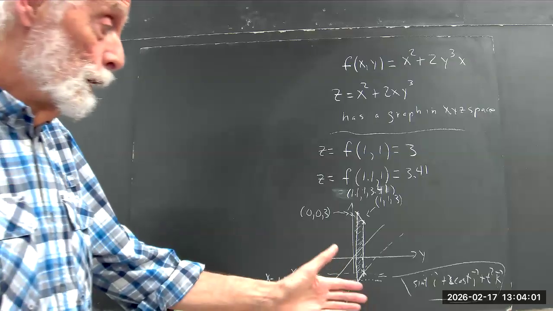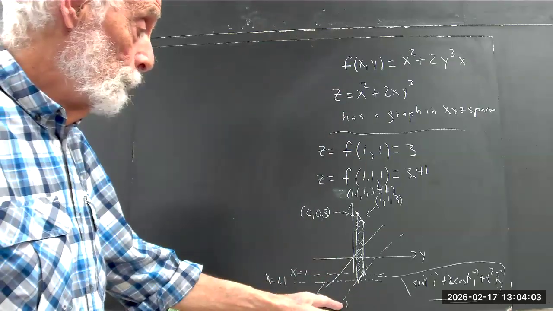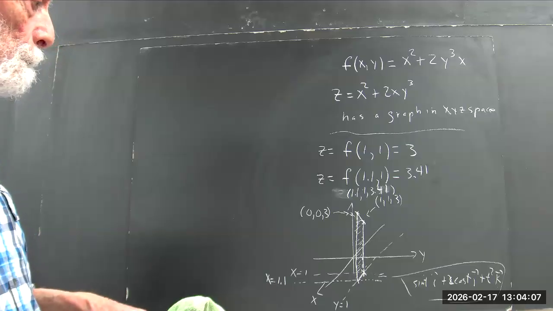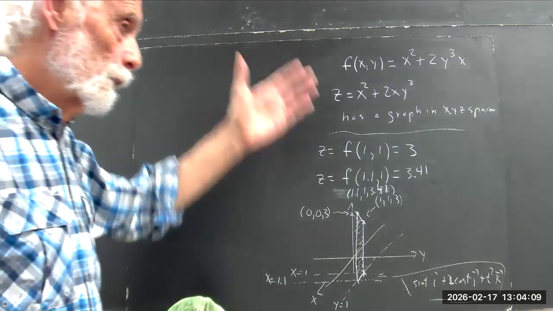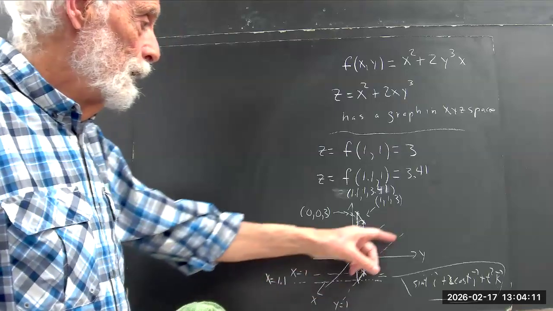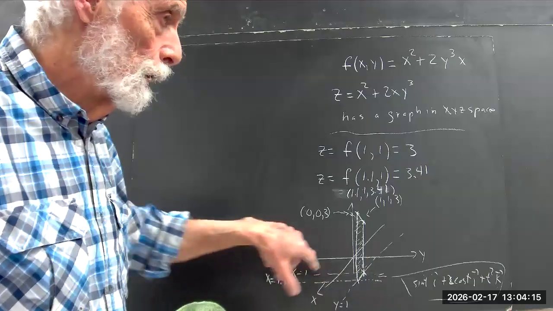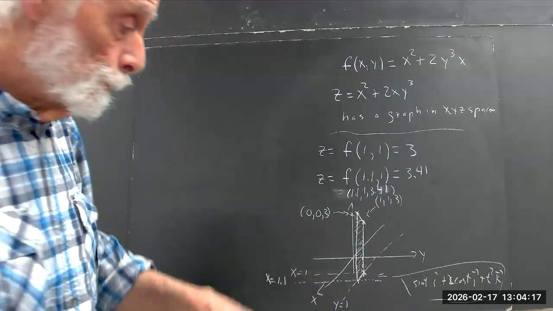Okay. Goes all the way above and below y equals 1. All the points in free space where y equals 1 lie directly above or below the line y equals 1 in the XZ plane.